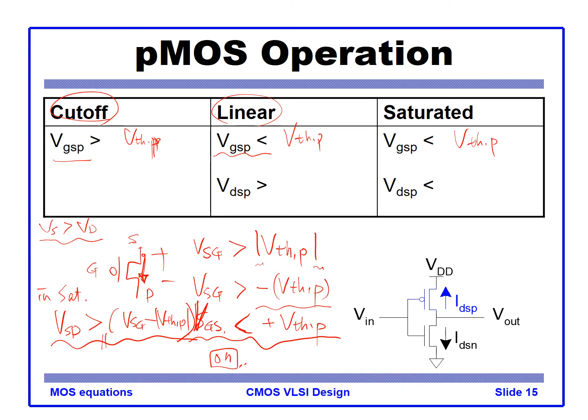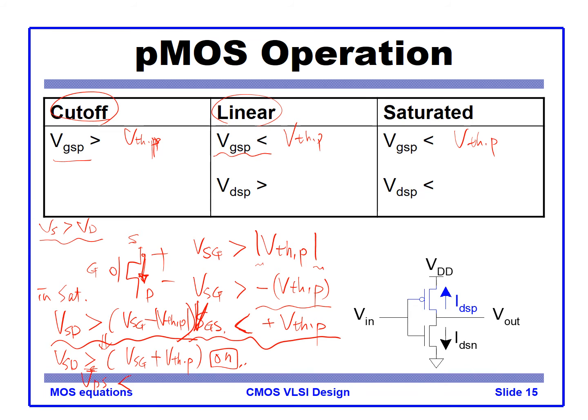This condition can be rewritten as VSD greater than VSG plus VTHP, because the threshold voltage is negative. Changing to VDS and taking the minus, we change the direction.